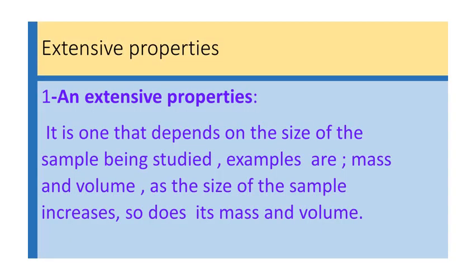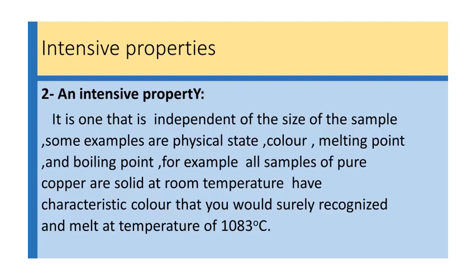Extensive properties. An extensive property is one that depends on the size of the sample being studied. Examples of extensive properties are mass and volume. As the size of the sample increases, so does its mass and volume. Intensive properties.